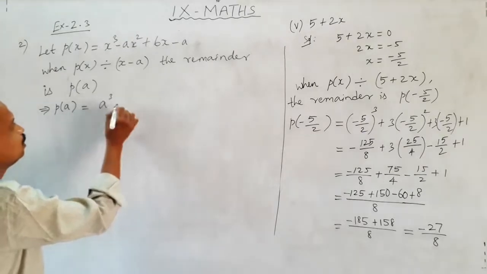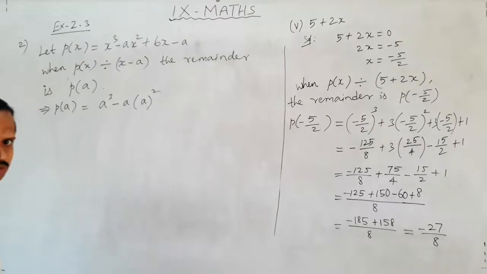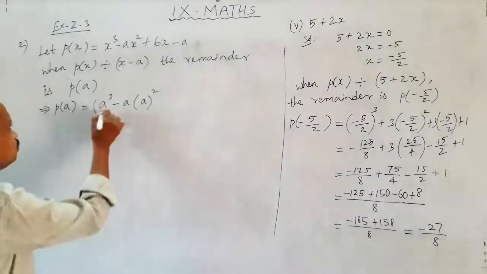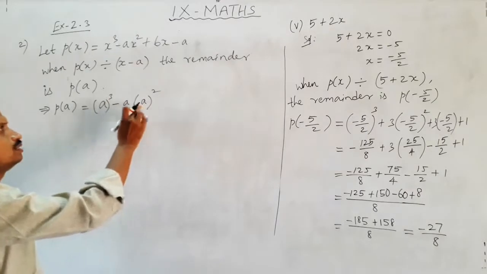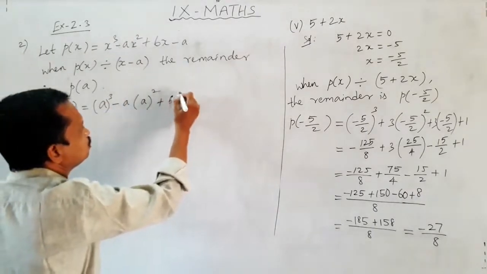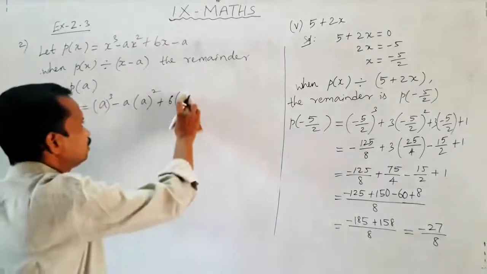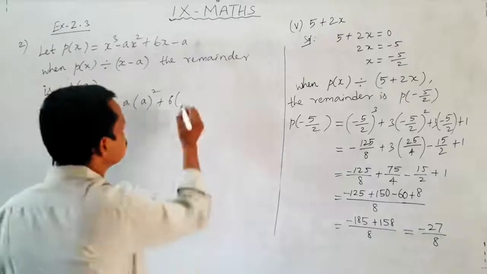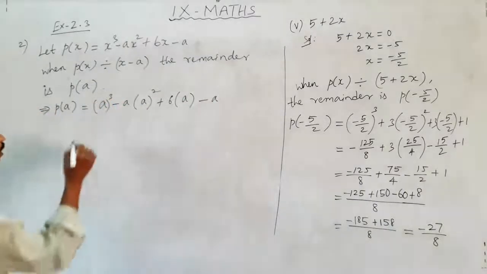A cube minus a into, instead of x we put here also bracket, and here instead of x a and then whole square plus 6 into, for x we have to put a and then minus a. You see how I am writing?